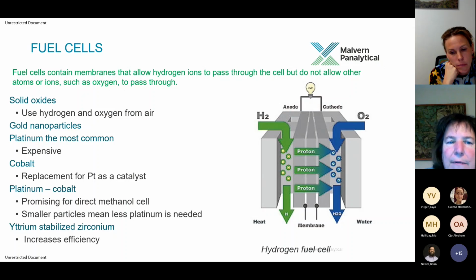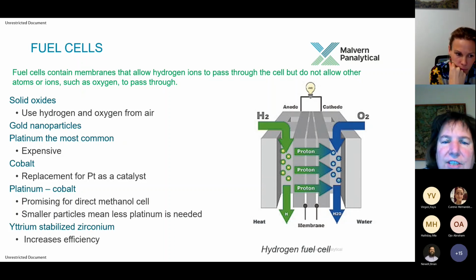Fuel cells contain membranes that allow hydrogen ions to pass through the cell, but do not allow other atoms or ions such as oxygen to pass through. The top materials that we study for these fuel cells are solid oxides, gold nanoparticles, platinum particles.